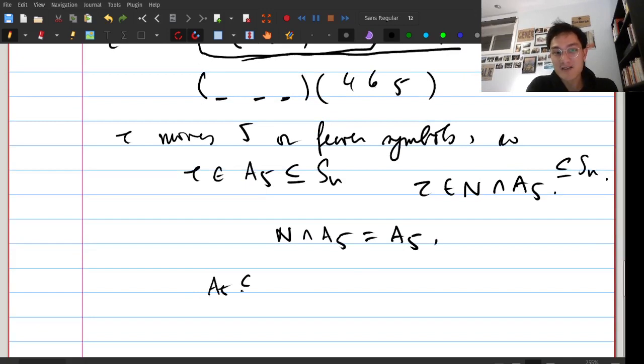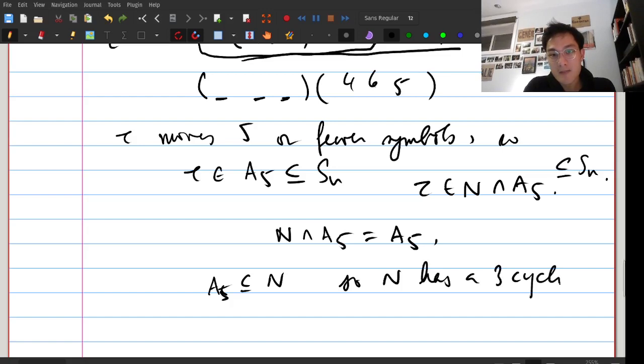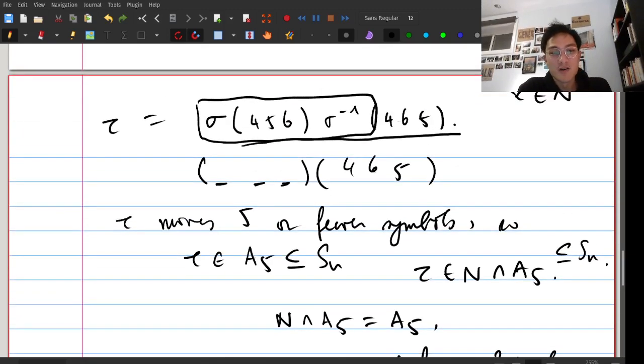Which means A5 has to be a subgroup of N. You know what I mean? In particular, since A5 has a 3-cycle, N has a 3-cycle, and thus N equals A. So that would be the end of the proof if we can just show that one of these numbers has to be one of those numbers over there.